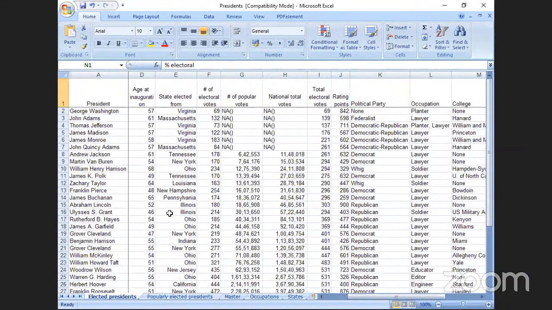Now with the help of this data set, we are going to do our analysis, like the one I have said. The first one is about analyzing the presidents based on their occupation. Again, let me stop sharing this Excel sheet and open the programming environment. The programming environment I used in my case is Spyder.